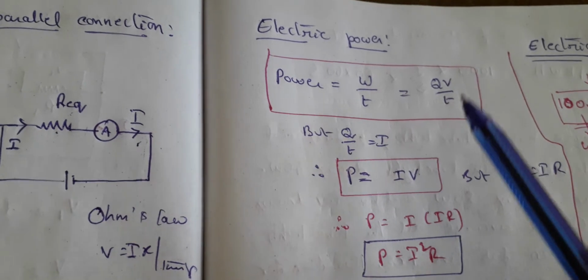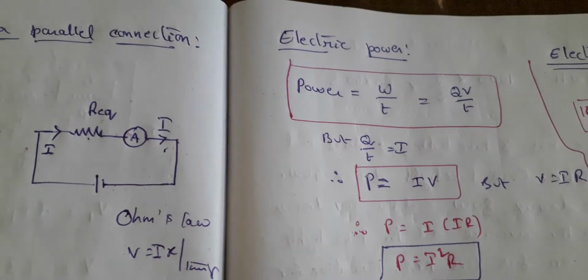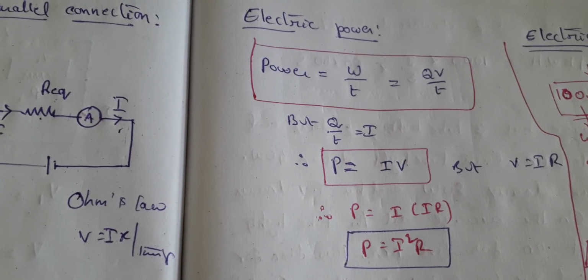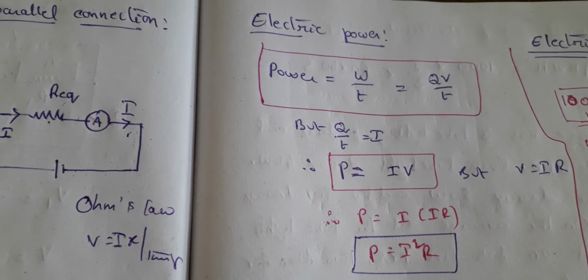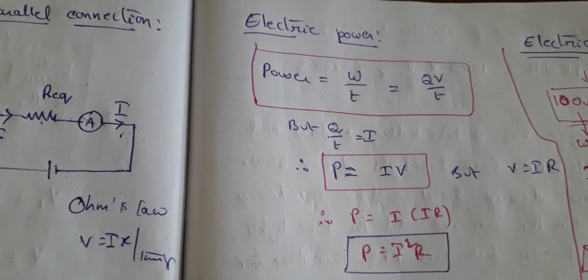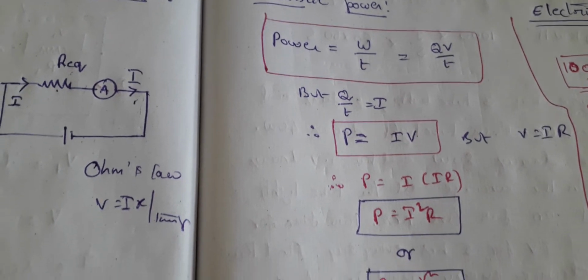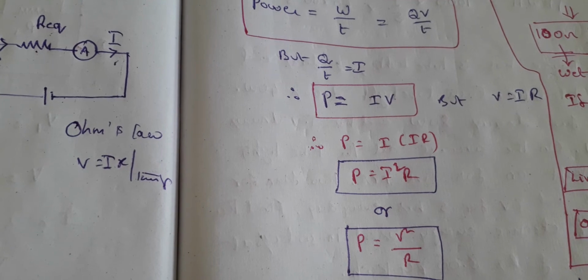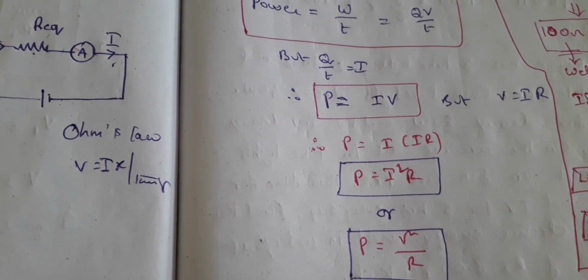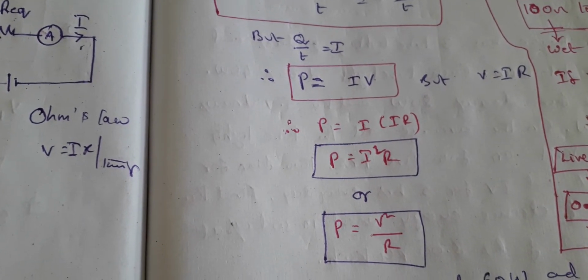See, I am writing all the combinations of the power, so that however the numerical is given, you can solve the problem. So power in terms of work by time or energy by time, that is QV by T. Our power is equal to IV because I is equal to Q by T. Or from Ohm's law we have V is equal to IR.